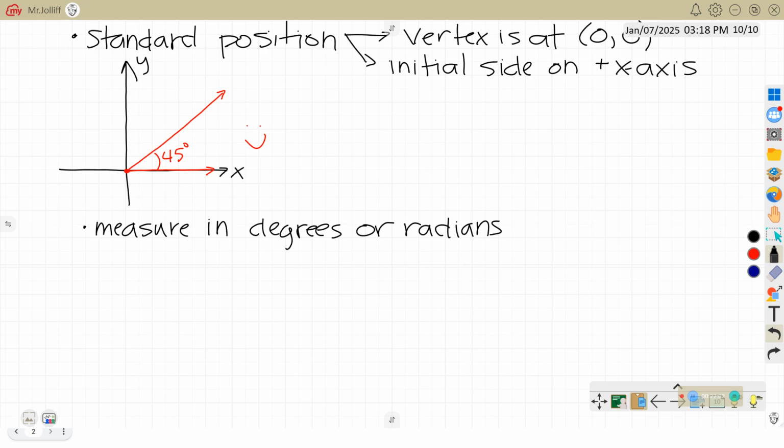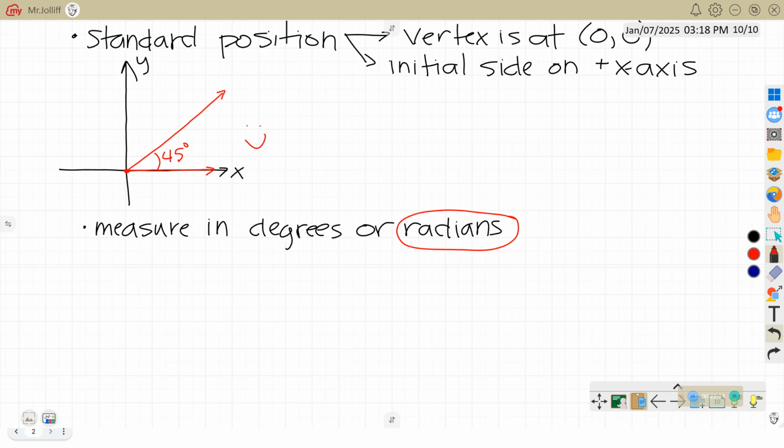In trigonometry, in calculus, in physics and engineering, degrees are no longer the default. Radians are the default. There are a lot of equations, particularly in trigonometry and in physics, that don't work if the angle is in degrees. The angle needs to be in radians. So the question is, how do I get back and forth between them?